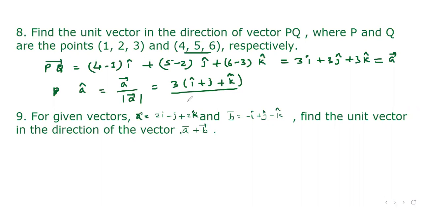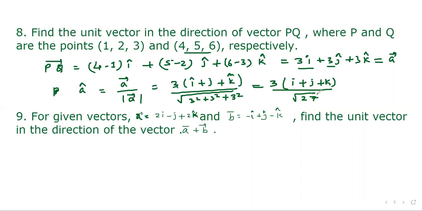Either we take common like this and then we take modulus, or we can put these values together. So two ways are there. So let's write 3 square plus 3 square plus 3 square. So it will become 3 times i plus j plus k divided by 9 plus 9 plus 9, root 27.